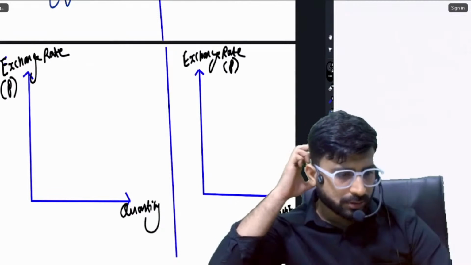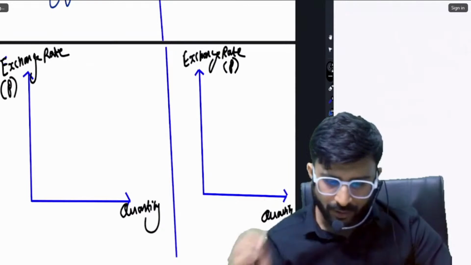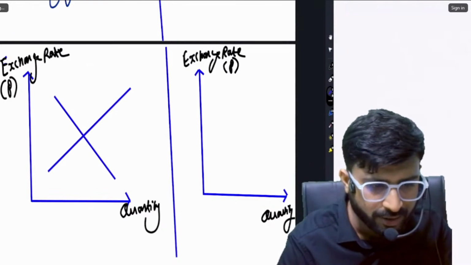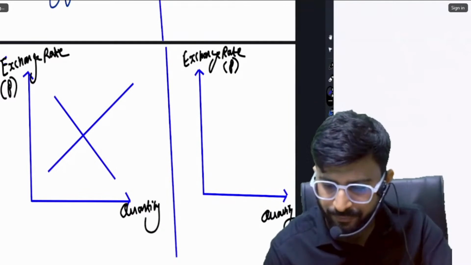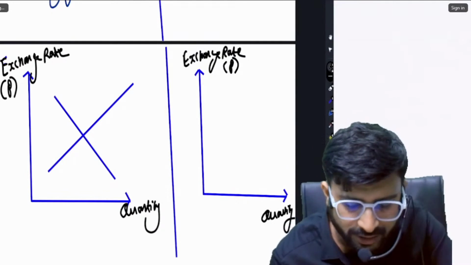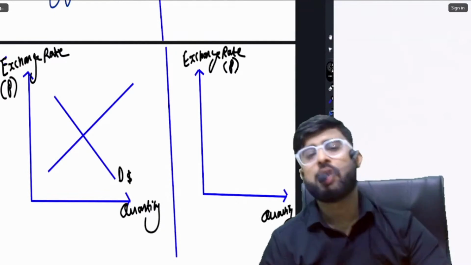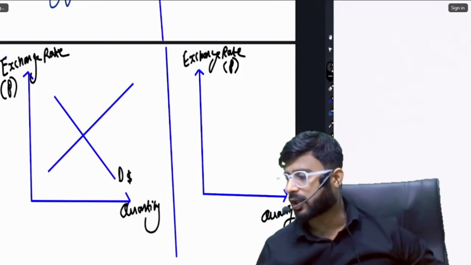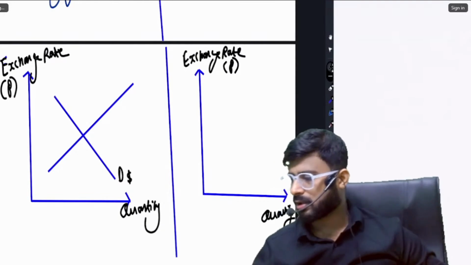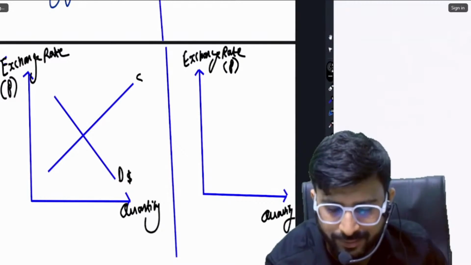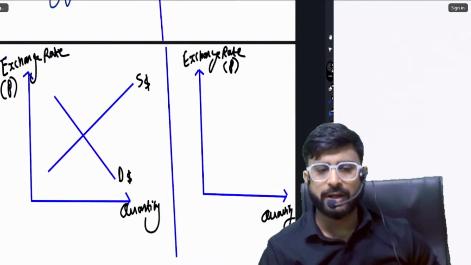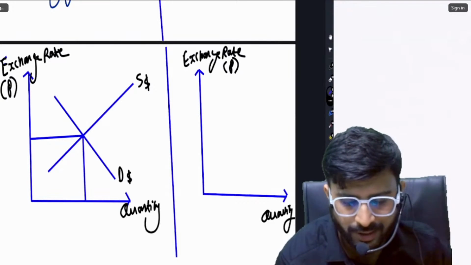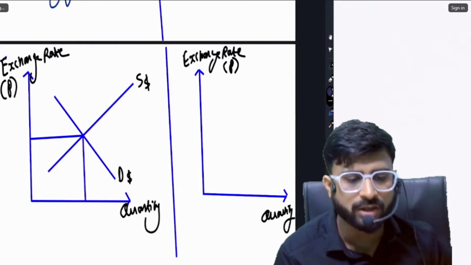So see, initially demand is this and supply is this. When I say demand, it is demand for dollars I am talking about. We are not talking about demand for foreign currency in this diagram, not at all. This is demand for dollars and this is supply of dollars, and somehow this is the prevailing exchange rate.